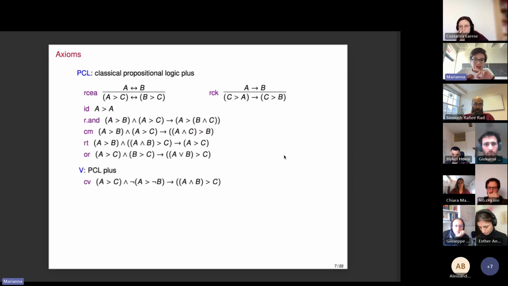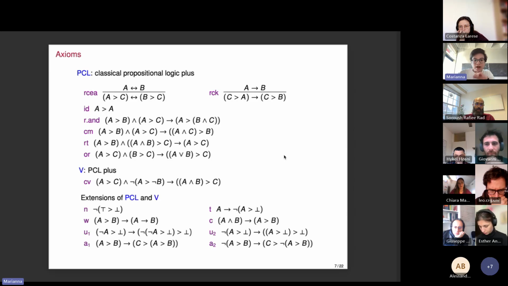To obtain V, the basic logic in Lewis's system, you add one axiom to PCL, and then you have a number of other axioms covering all of the other logics in our lattice.